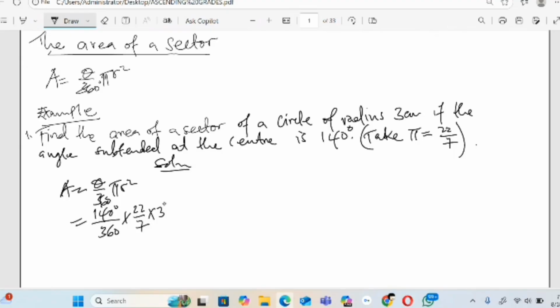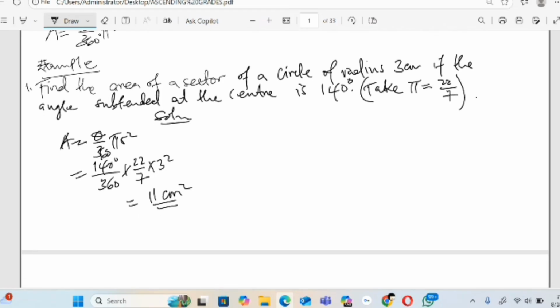So you get your answer to be 11 square centimeters. So that is so direct.